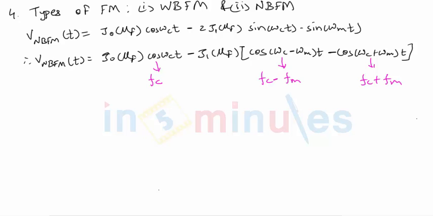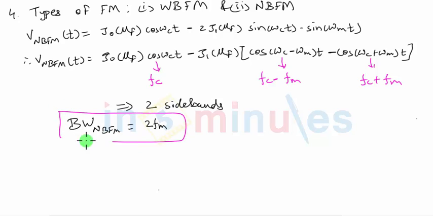So there are only two sidebands in case of narrowband FM. So we only transmit two sidebands, and because we transmit only two sidebands, bandwidth of narrowband FM is 2 into bandwidth of one sideband, which is fm, so it is twice fm.